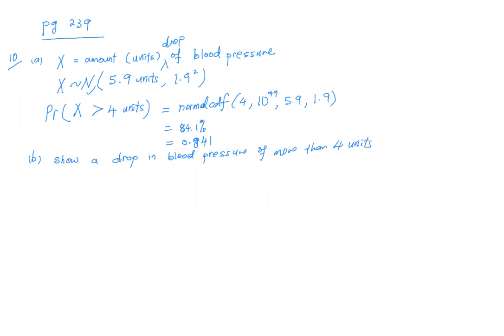This is from part A, correct? Show a drop in blood pressure of more than 4 units. So you see this is from part A.